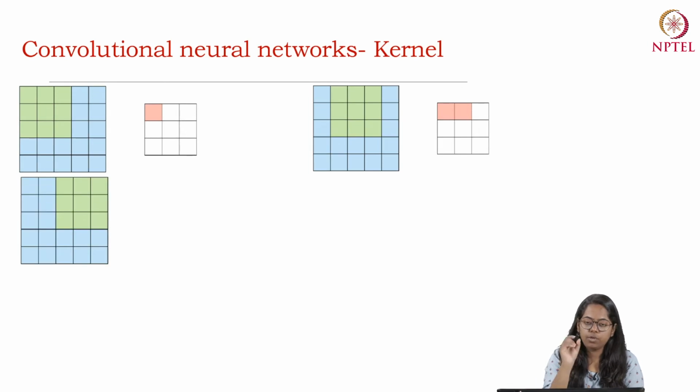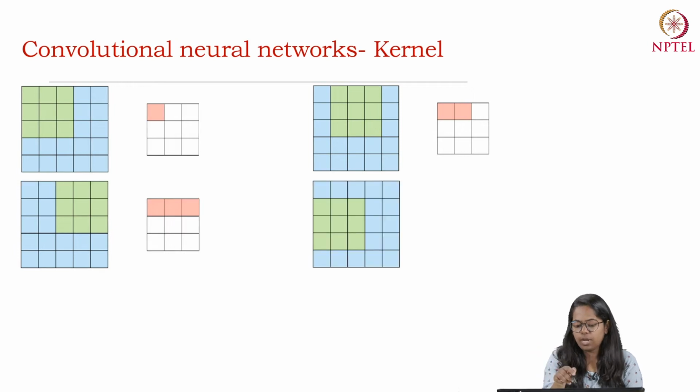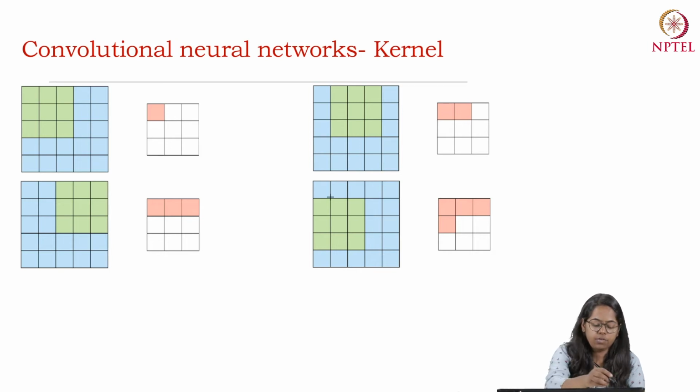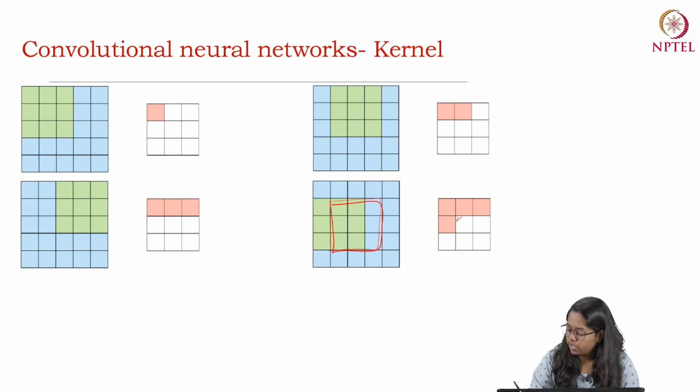Moving further, we move this filter again to the right and try to identify whether the pattern is present in this part of the image, and again do pooling and fill our feature map, and so on for the complete image. If we move further, the filter will move to this part and capture this part of the feature map.